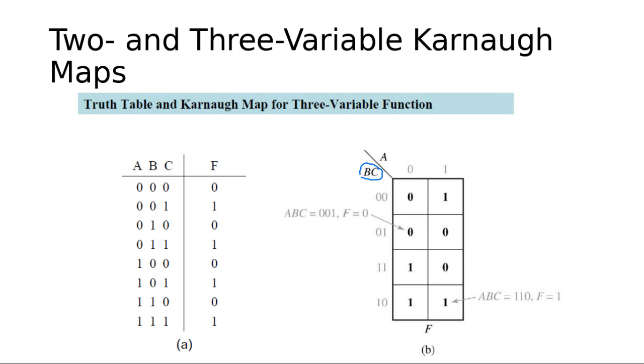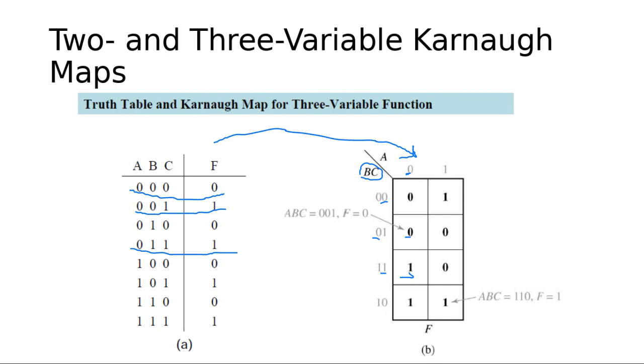And you can fill in the Karnaugh map from the truth table, right? 0, 0, 0 means 0, this one. 0, 0, 1 means 0, this one. 0, 1, 1 means 1, this one, right?